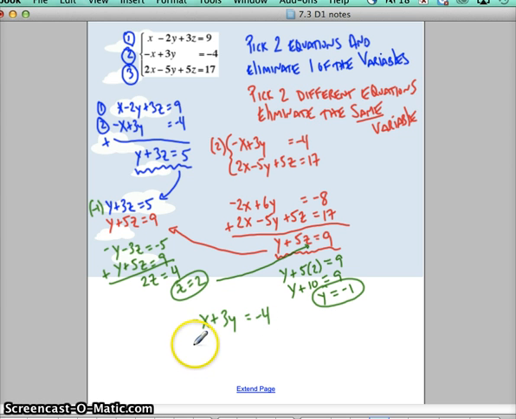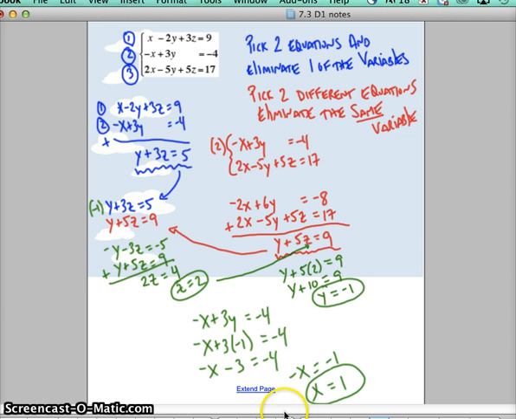I'm solving for x. I know that y is negative 1. So then I get negative x minus 3 equals negative 4. I'm going to add the 3 over. So negative x will equal negative 1. So that means that x equals 1.